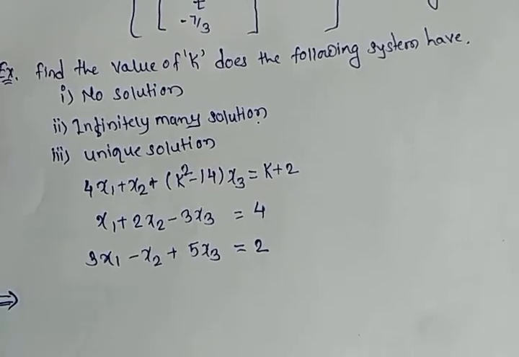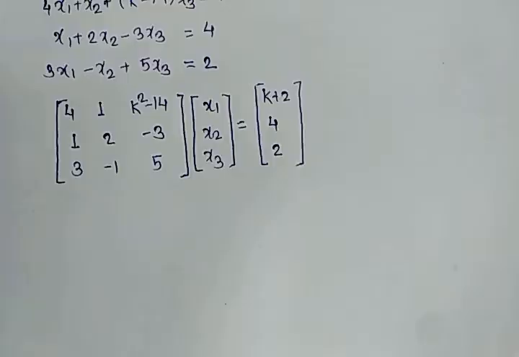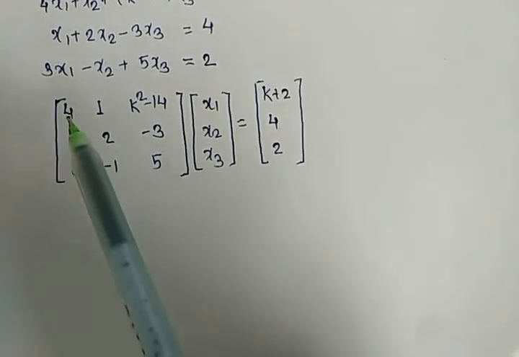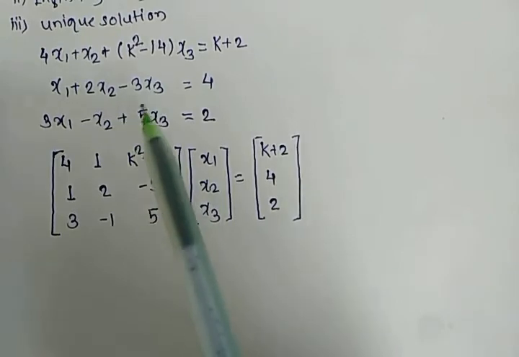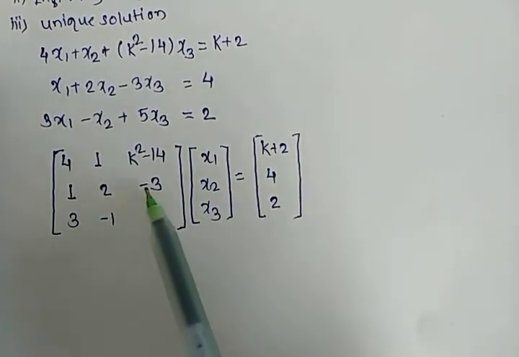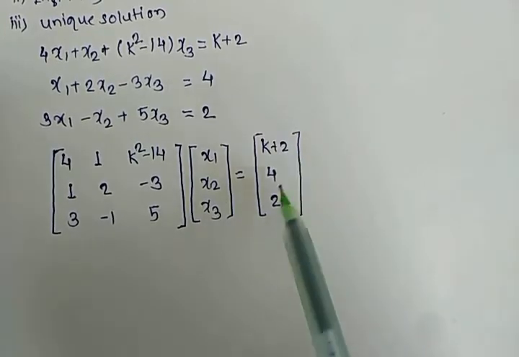First we write the given system in matrix form: 4, 1, k square minus 14, 1, 2, minus 3, 3, minus 1, 5, variable matrix and constant matrix.